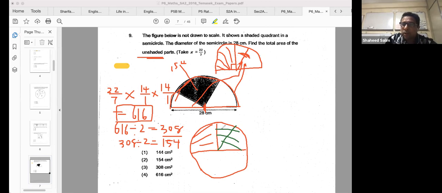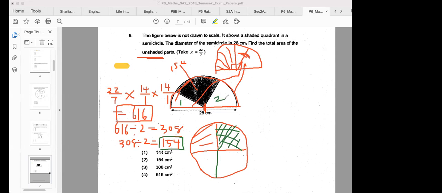So these two must be equal to 1/4. To get the fastest way, I take 616 divide by 4. I get this green part down here. I get 154. But you must be able to see, no? Can you see, first of all, that this green part is the same as the white part, Syakil? 1 and 2. Can you see that?